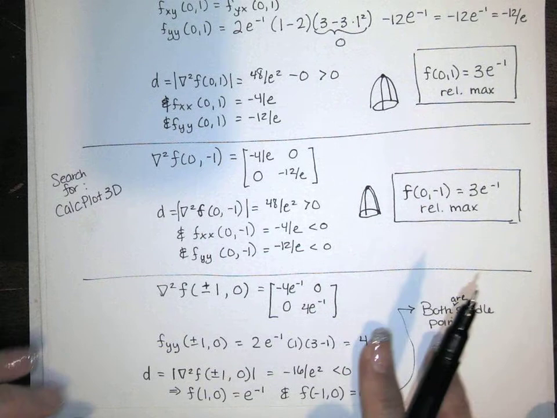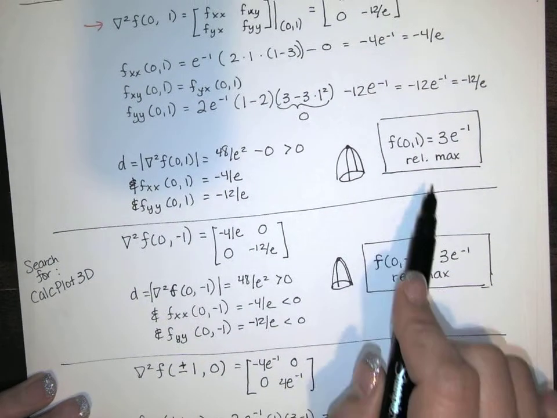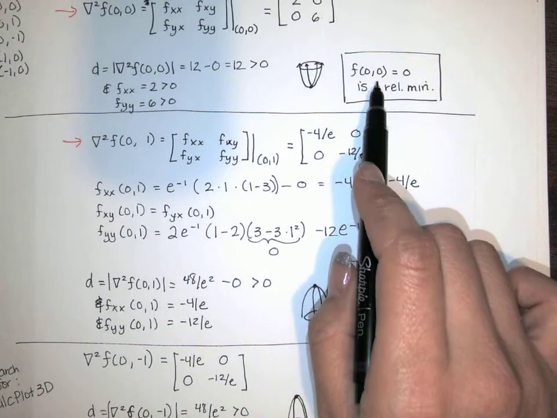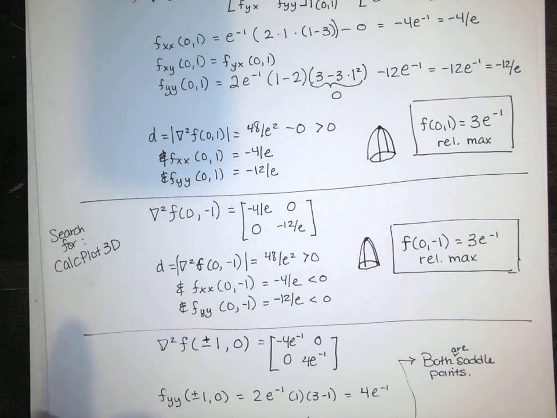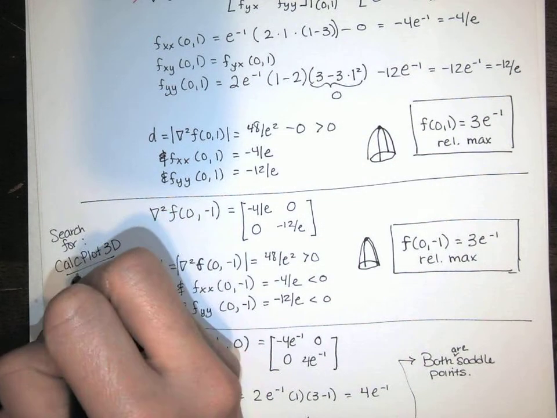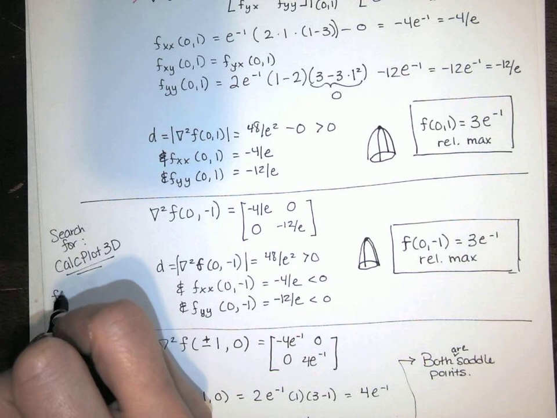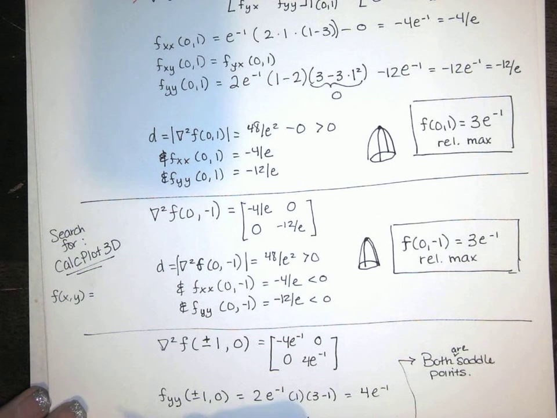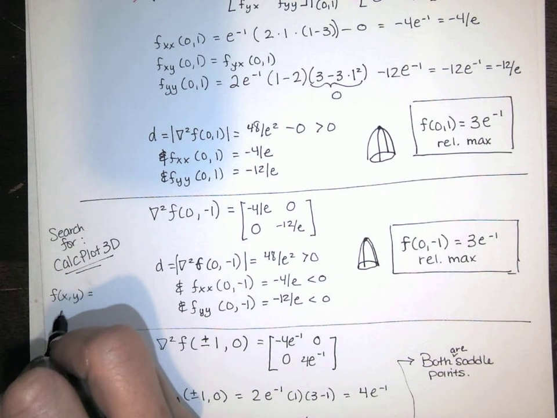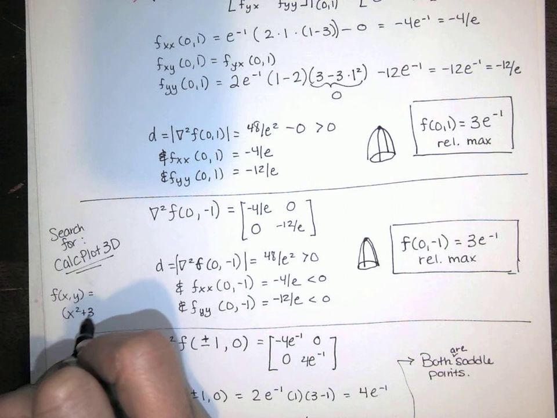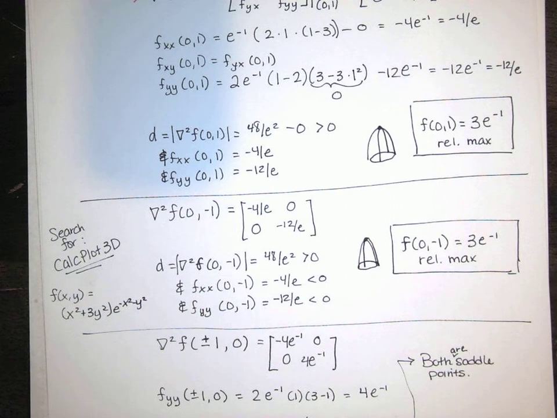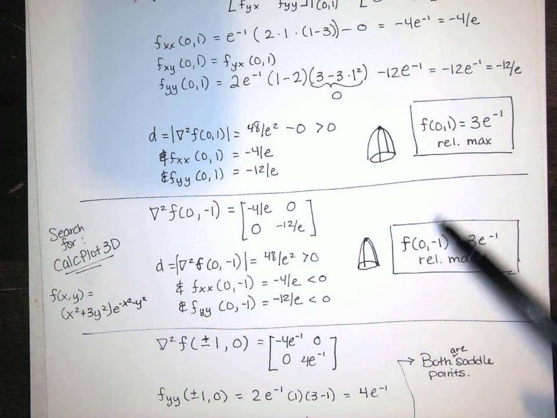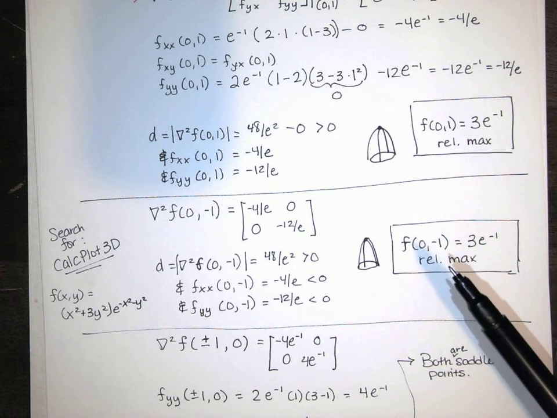We've got 2 saddle points. We've got a relative max over here, and a relative max over here, and a relative min over here. Now, again, I just want to encourage you. That was the second partials test. If you want to check this out, if you really want to see it, search for CalcPlot3D, just Google it, and graph this function. And then look for those mins and maxes. You have maxes when x is 0 and y is plus and minus 1.